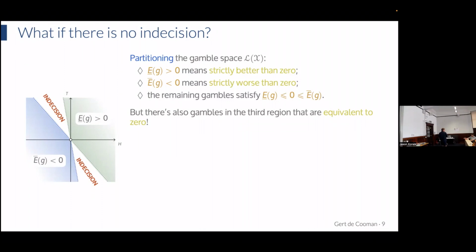This is not strictly true. There might also be in there gambles that to you are equivalent to zero. You don't want to distinguish them from zero. They are uncertain, but to you they are exactly equivalent to zero.